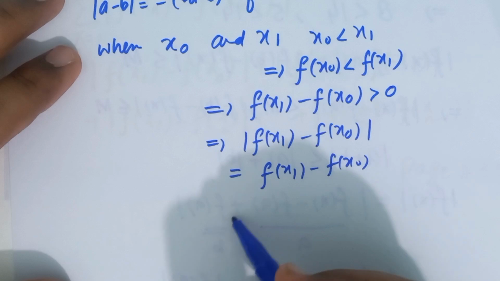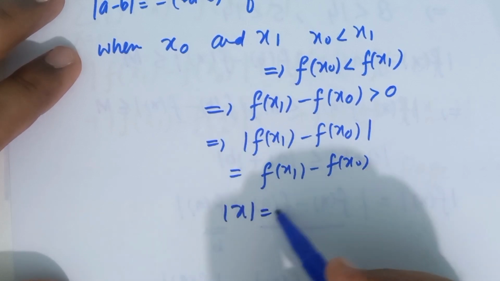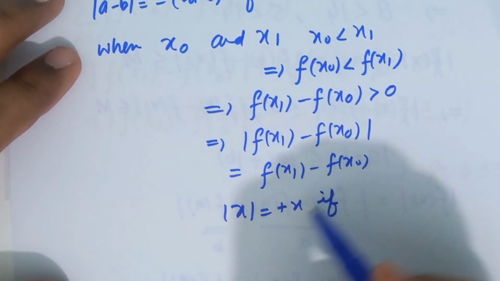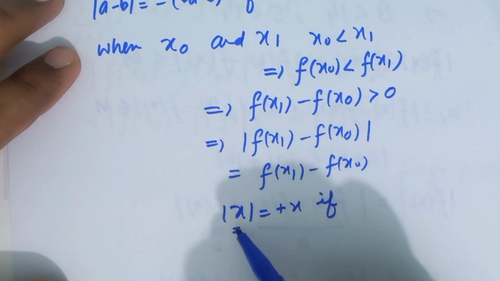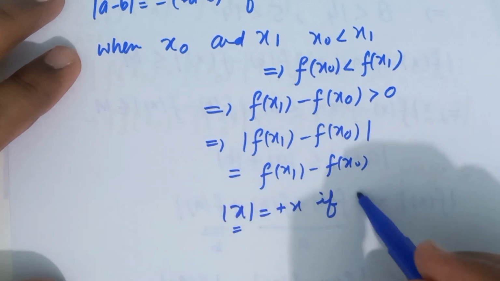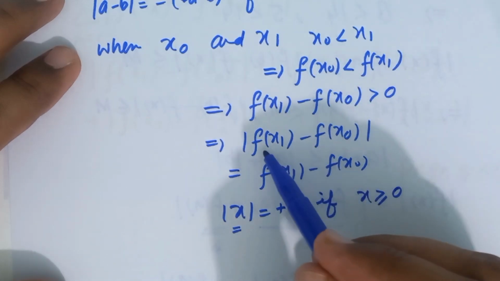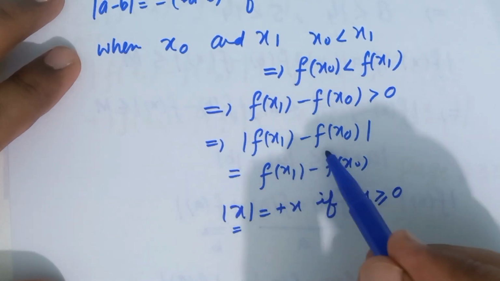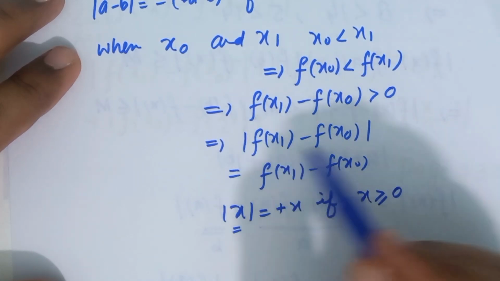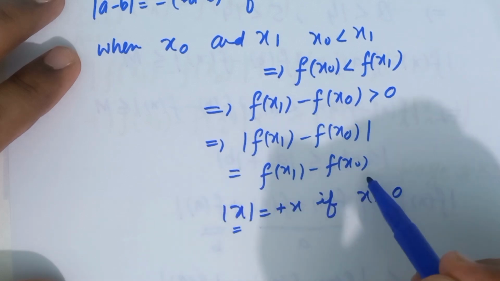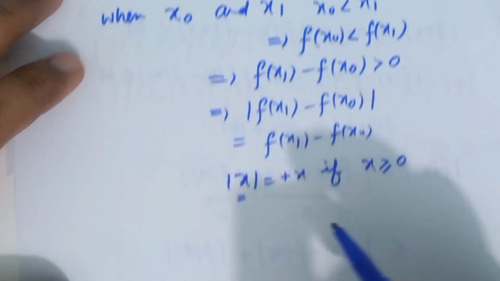because we know that the absolute value of x is equal to positive x if the quantity inside the absolute is greater than or equal to 0. So here the quantity inside the absolute is f of x1 minus f of x0, it is positive. That's why this absolute can be written without absolute lines.